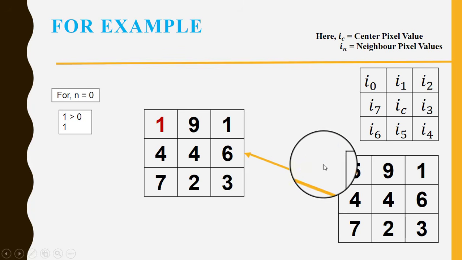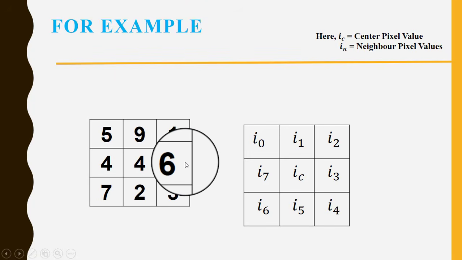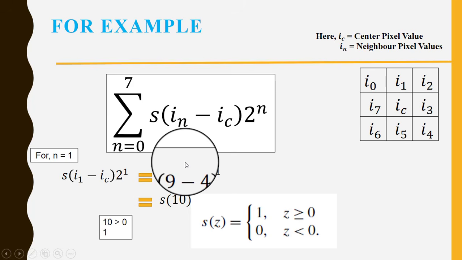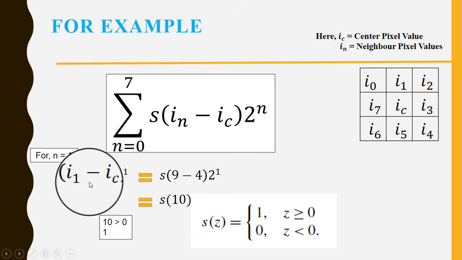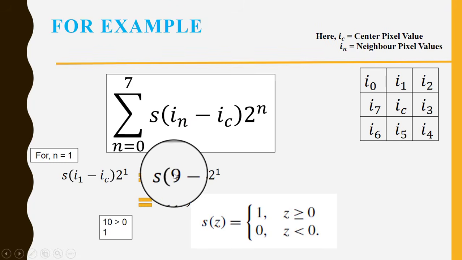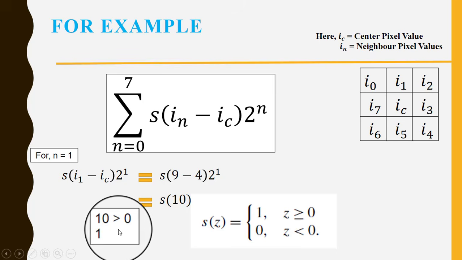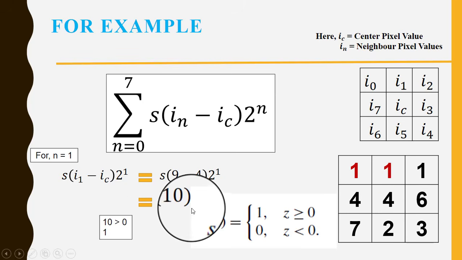Done. So instead of 5 we put 1. We do the same for all values of n. Now for n equal to 1, the value of I1 is 9, compute it, we got 10. 10 is greater than 0, put 1.